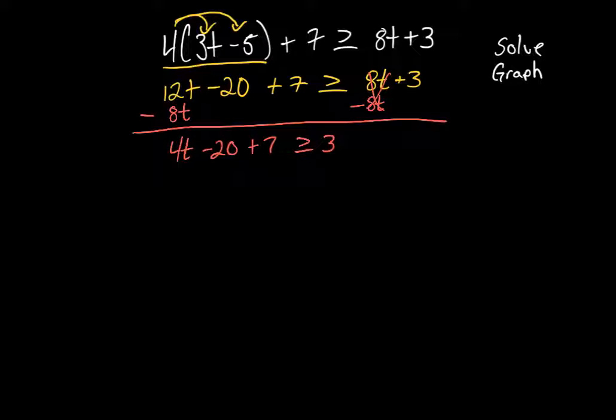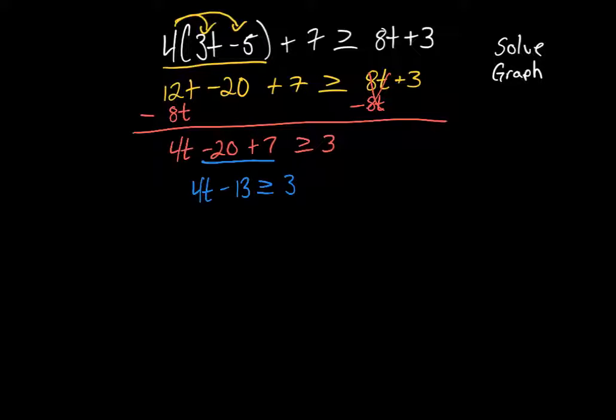I can combine this right here, negative 20 plus 7. Negative 20 plus 7 would be a negative 13. So I have 4t minus 13 is greater than or equal to 3.